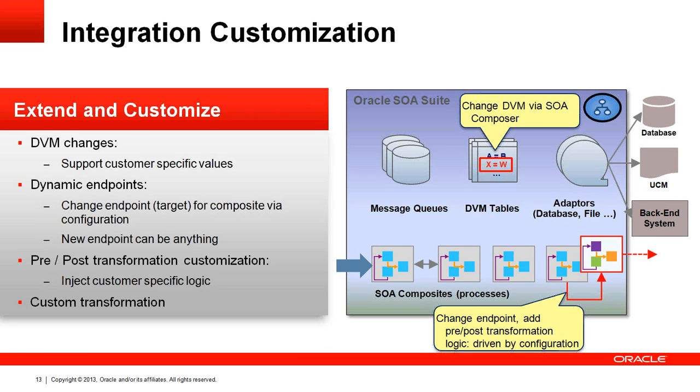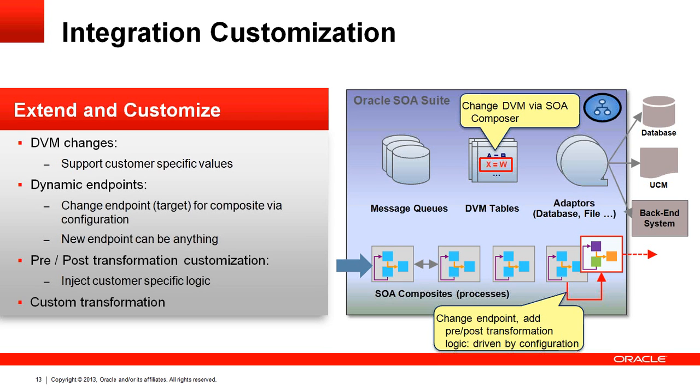The modification of the DVM changes is done by using a product called SOA Composer, which is a part of the Oracle SOA suite of products. One other thing you can do is change the endpoints of the composite. So typically a composite will get a message from the portal system, and then it will send it to some target system.